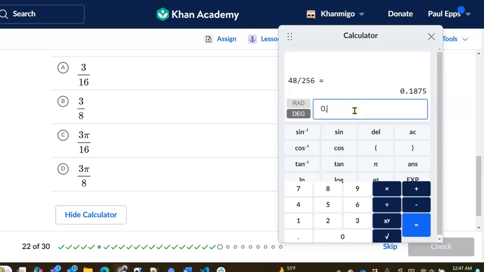Let's just go back to this and say 48 over 256 times 2 pi. That is going to give us 96 over 256. What is that? That's 3/8. 3 pi over 8. Okay. So let's go with D.